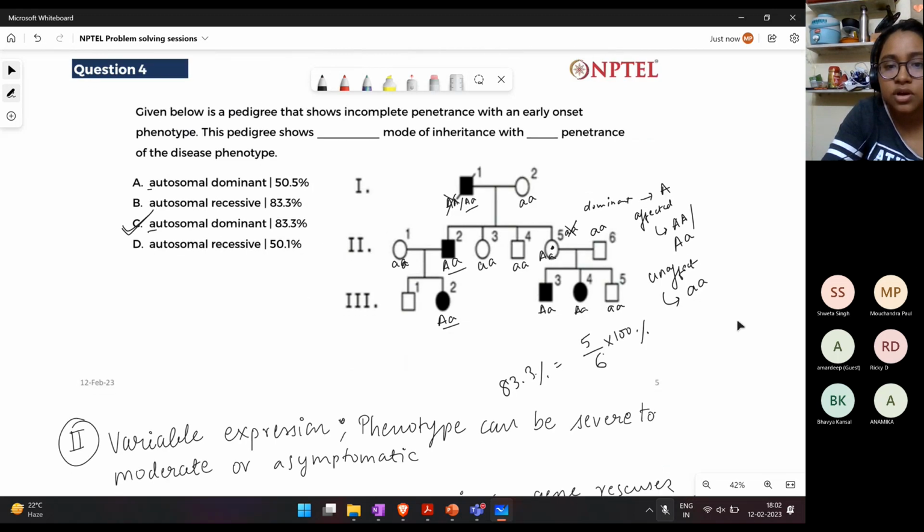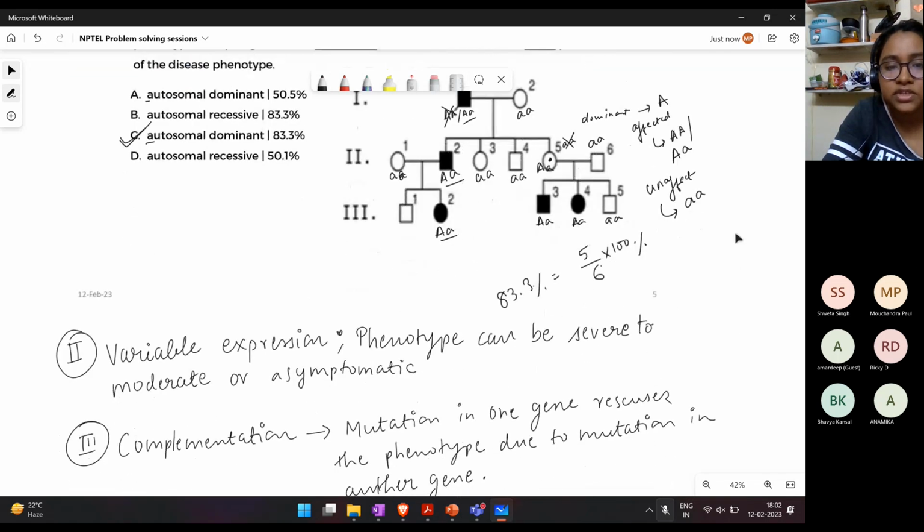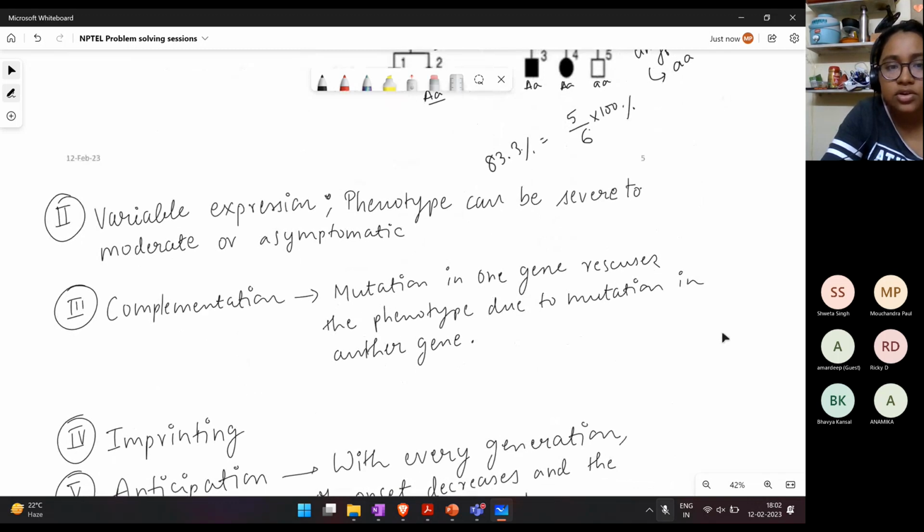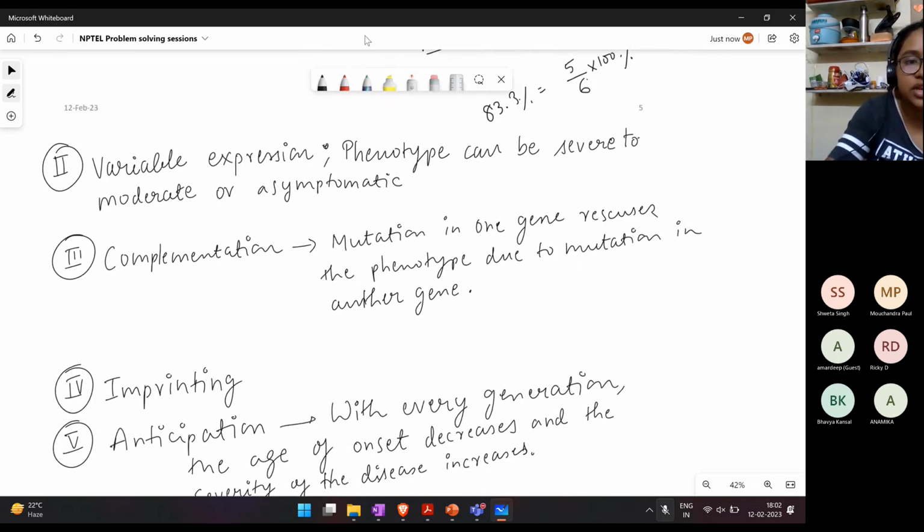So this is one of the complications which is seen in analyzing pedigrees. Another complication is variable expression. A person who is carrying the defective allele, in a family there are various people carrying the defective allele, and the degree of expression might be different in all of them.